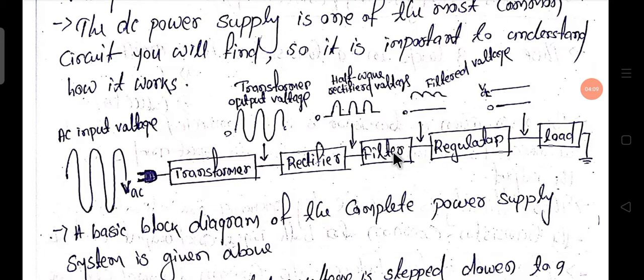This filter may be any one of the three types: capacitor filter, choke filter, capacitor input filter, or pi filter. After the filter we get nearly smooth DC, not fully smooth, nearly smooth.